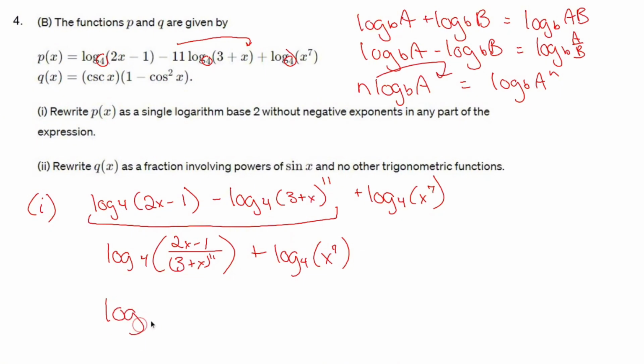So my final answer is going to be log base 4 of x to the 7th, parentheses 2x minus 1, close parentheses, over (3 plus x) to the 11th. And I'm not going to simplify that because no one's going to want to simplify that. But that is a single logarithm.